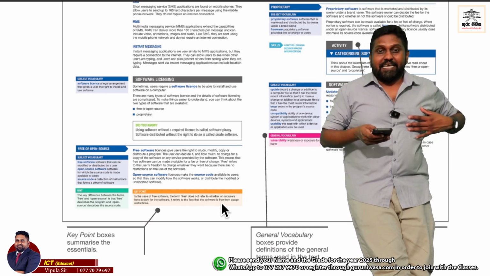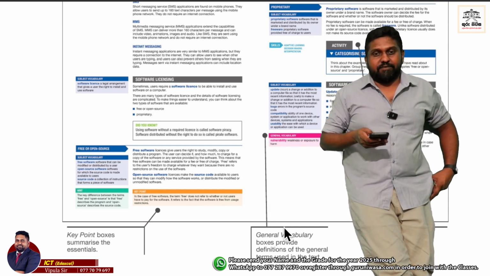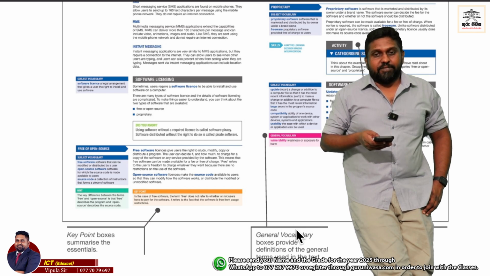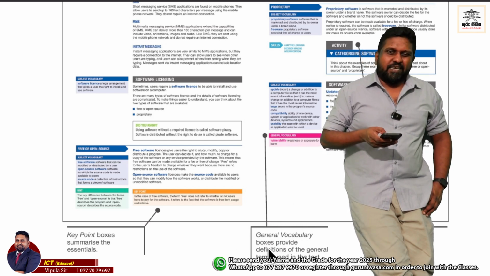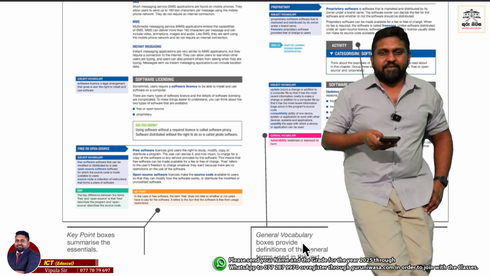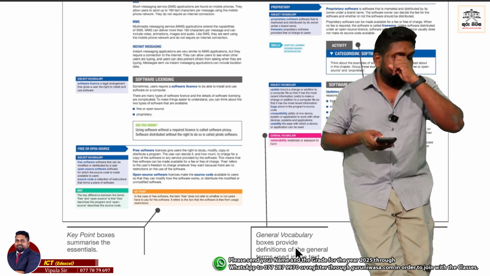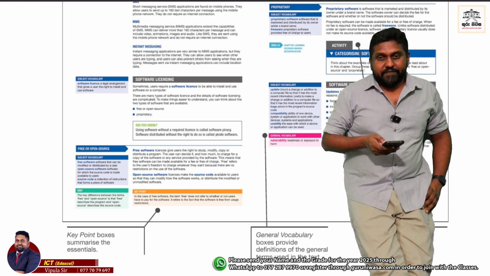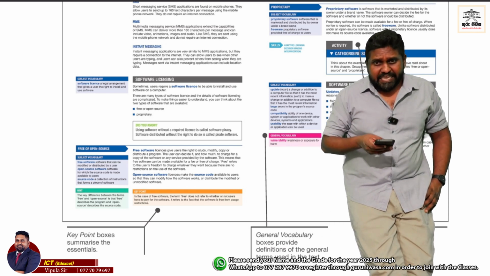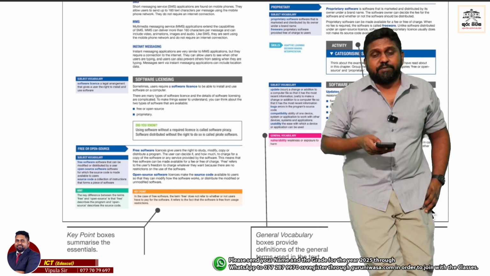Then we have a general vocabulary box. Here it also shows a certain set of details, but this is more of an overall definition. And then we have the activities area, which will basically help you to understand.